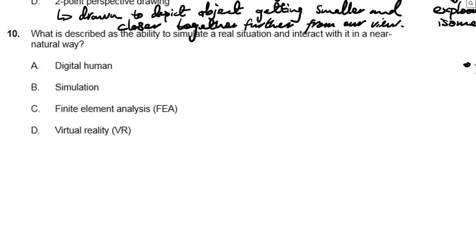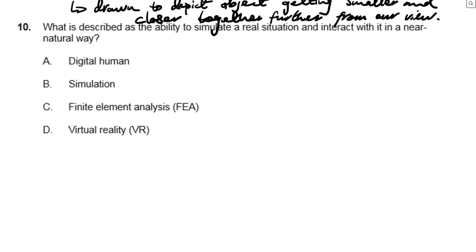Now on to question 10. What is described as the ability to simulate a real situation and interact with it in a near natural way? That would be, I would say, virtual reality, right?